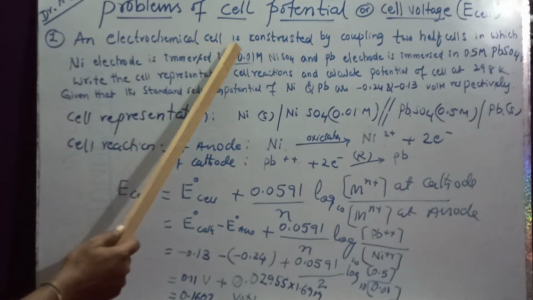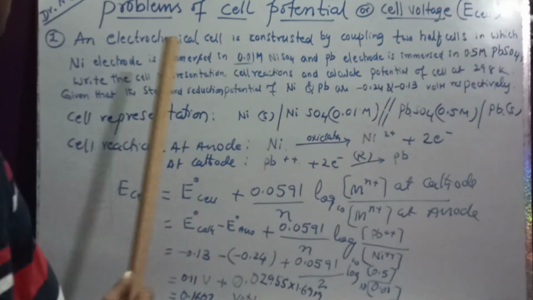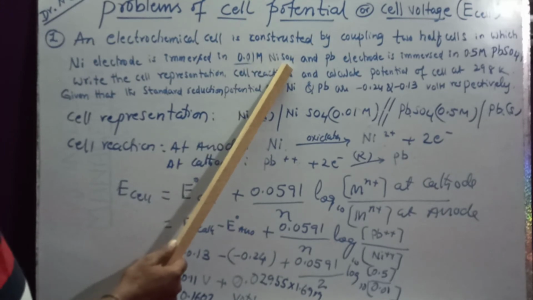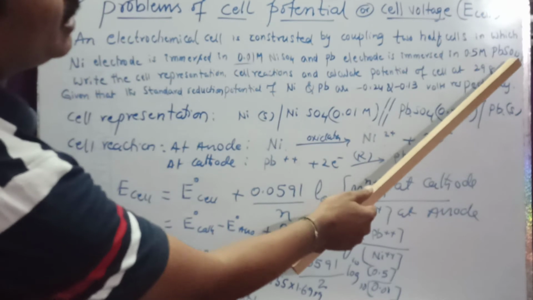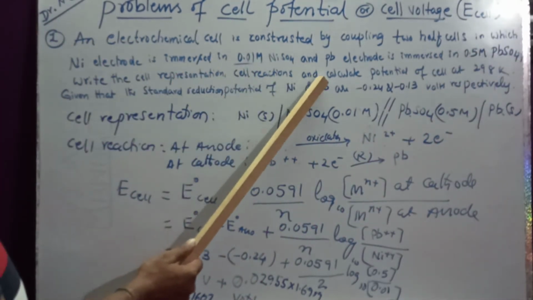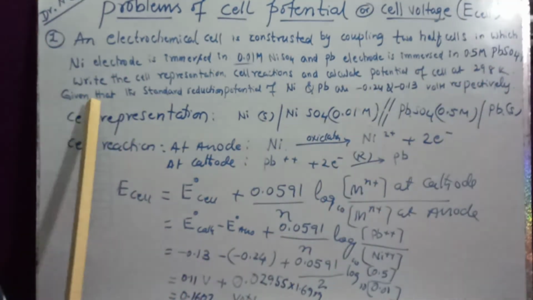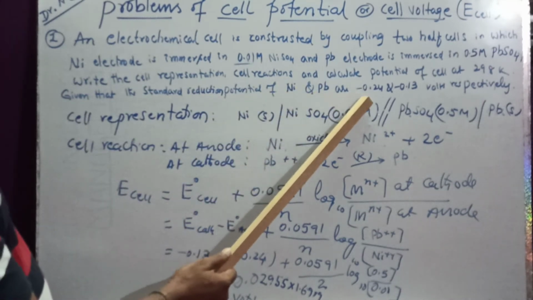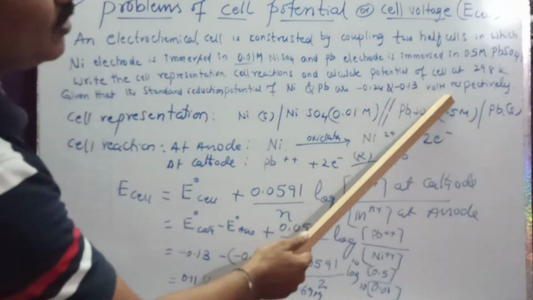An electrochemical cell is constructed by coupling two cells in which a nickel electrode is immersed in 0.01 molar nickel sulfate and a lead electrode is immersed in 0.5 molar lead sulfate. Write the cell representation, cell reactions and calculate the potential of the cell at 298 Kelvin. Given that the standard reduction potentials of nickel and lead are minus 0.24 and minus 0.13 volts respectively.